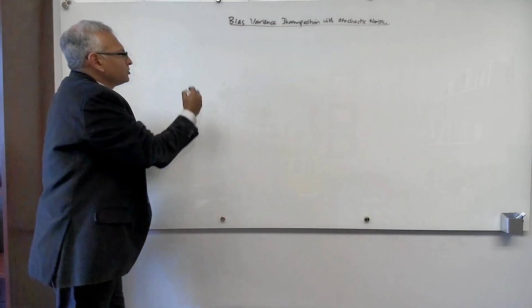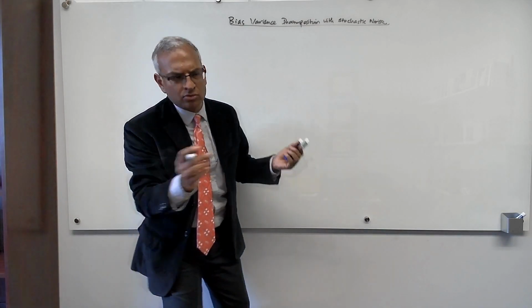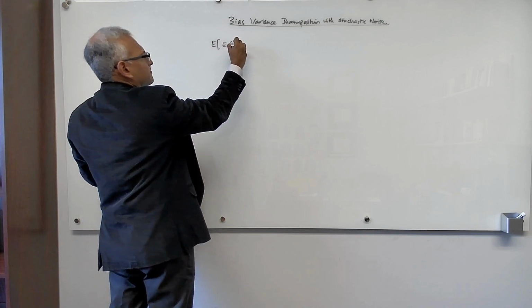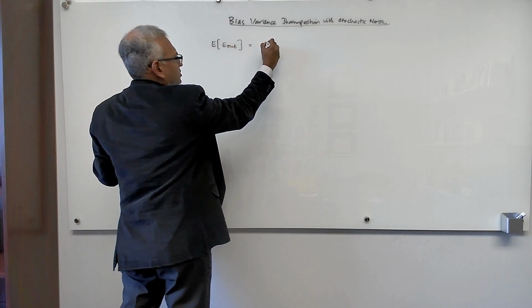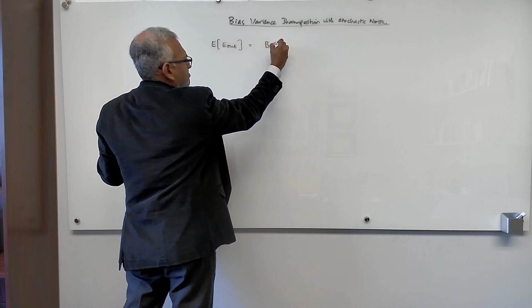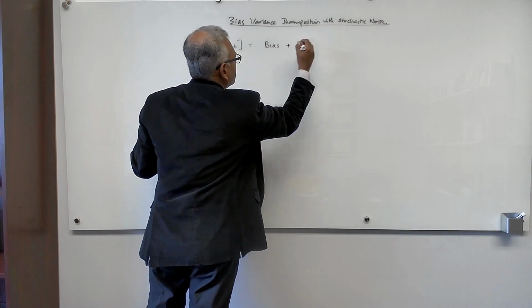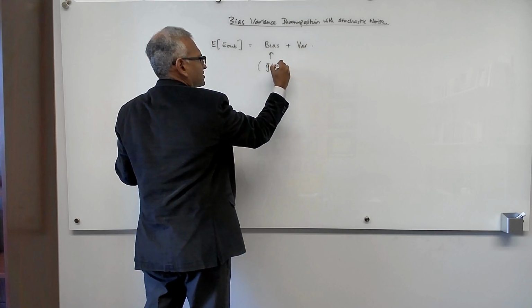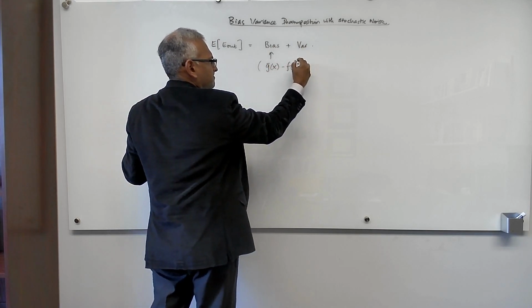I'll remind you, the bias-variance decomposition when there was no stochastic noise was that the expected value of E out was equal to 2 terms: the bias plus the variance. The bias term was G bar of x minus f of x, squared.